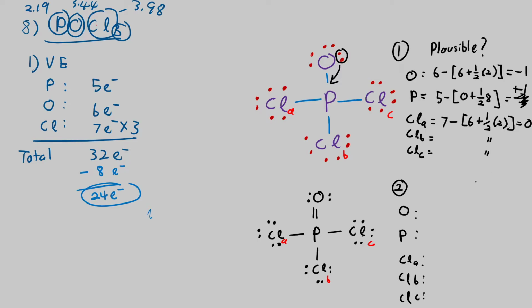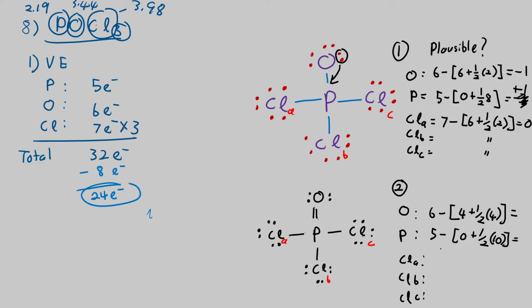Okay. Untuk oxygen, so let's calculate the oxygen. Dia ada 6 minus dengan dia punya lone pairs ada 4 plus half darab dia punya bonding pairs. So 1, 2, 3, 4 plus. And then untuk phosphorus ada 5 minus dengan 0 plus half darab dengan 1, 2, 3, 4, 5, 6, 7, 8, 9, 10.